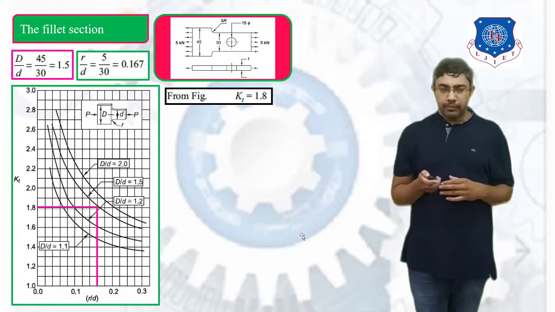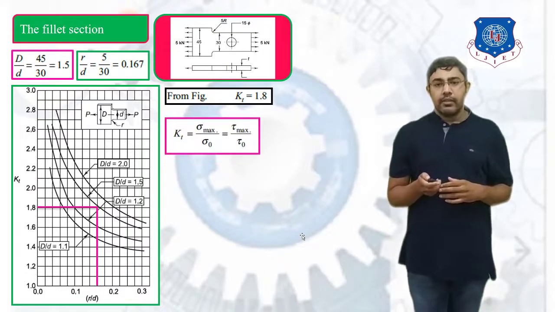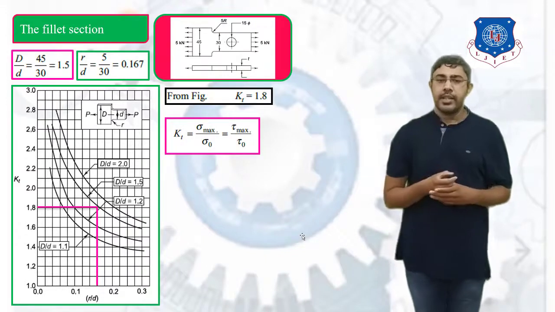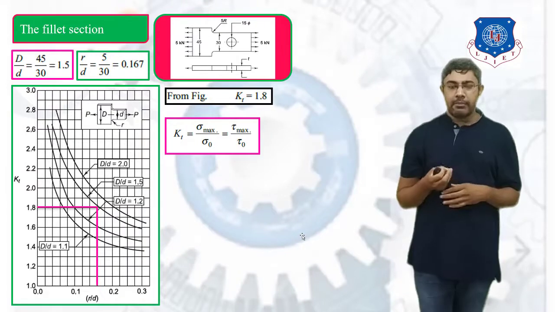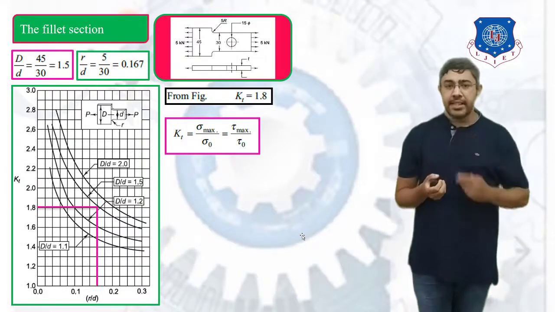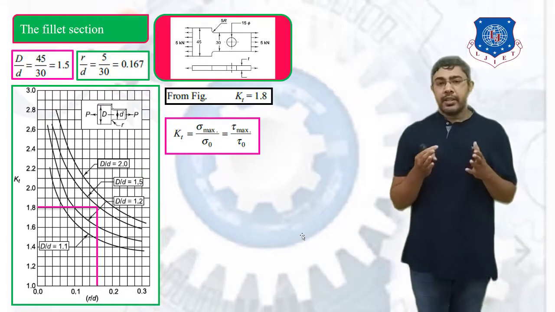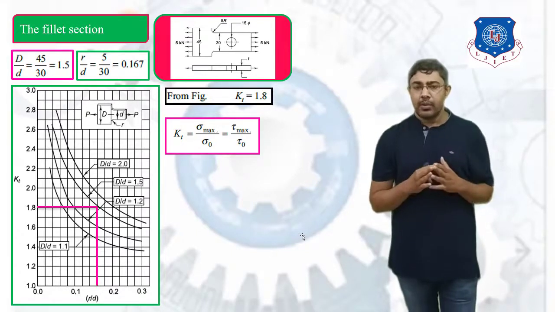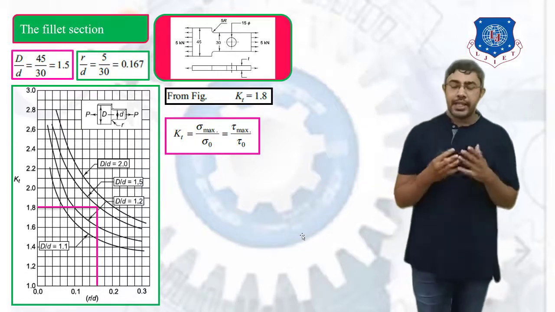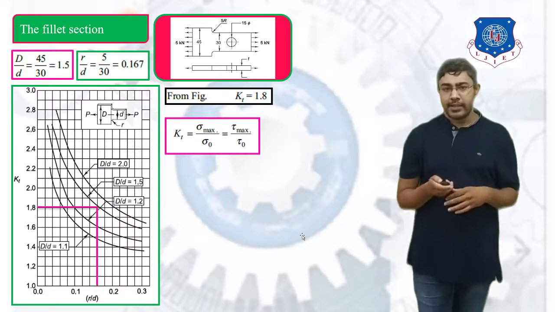The stress concentration factor Kt is equal to sigma max upon sigma 0. So from this equation we can calculate sigma max.